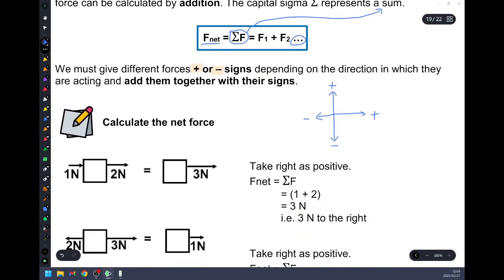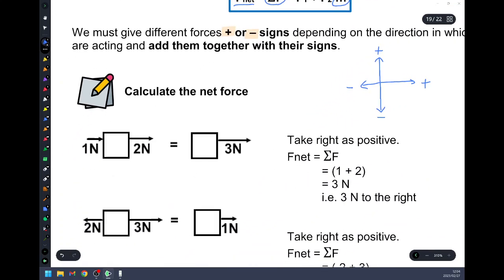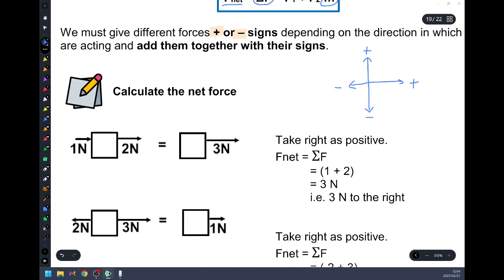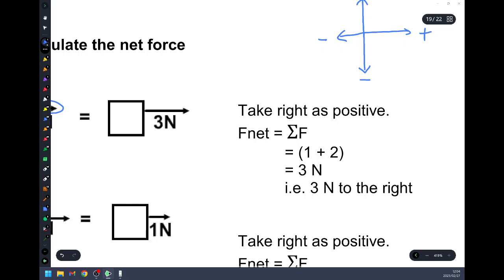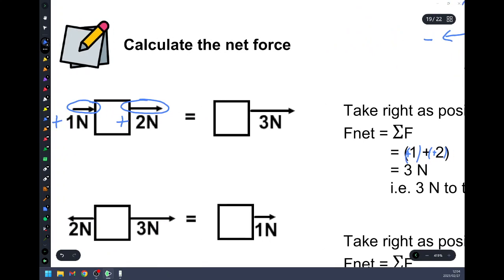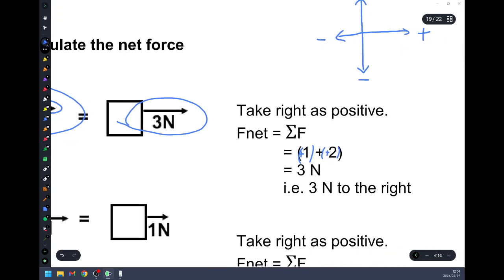Right, so if we look at our first example here, we can see that we have 1 Newton acting to the right, as well as a 2 Newton force acting to the right. So once again, we give these signs, and so this would be positive to the right. And so when we add them up, we'll substitute them both as positive 1 plus positive 2, which means that with these two forces acting together, we get the same effect as a single 3 Newton force.